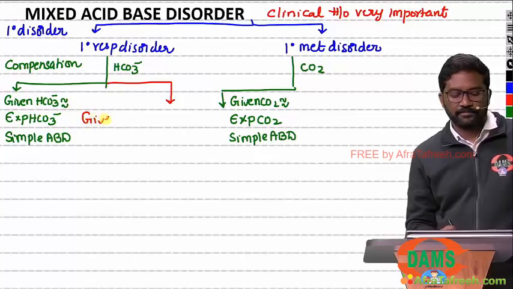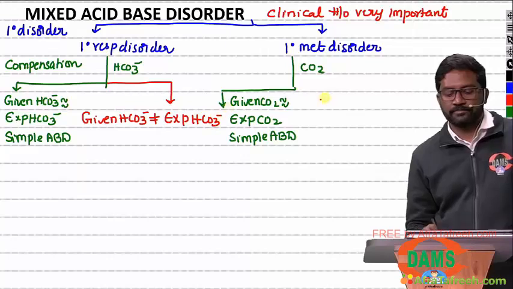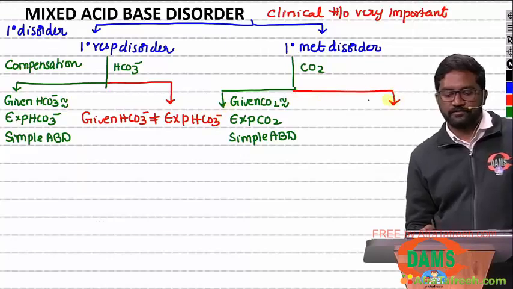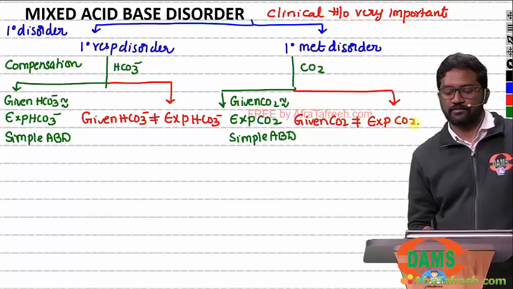Whereas uncommonly, you can get a relationship like this. Given bicarbonate not correlating with expected bicarbonate. On this side also, given CO2 not correlating with expected CO2.